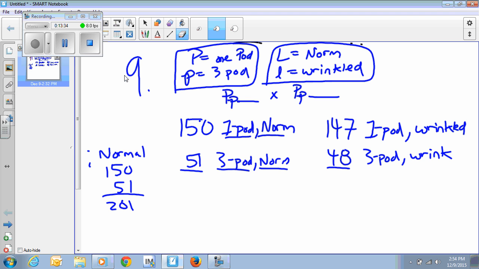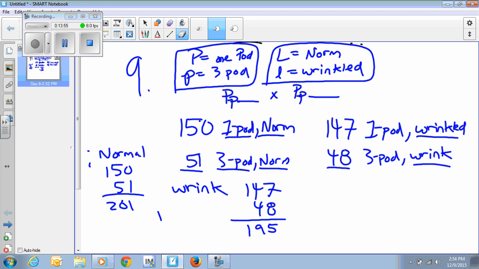And then now let's take a look at our wrinkles. We have 147 here and 48 here. That gives us 195. Holy cow! This looks almost like a 1-to-1 ratio.